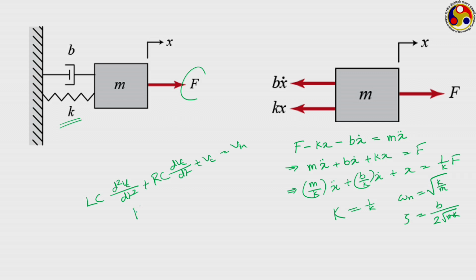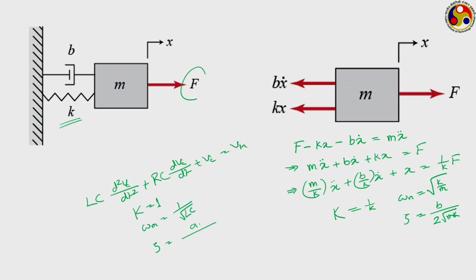Here definitely k equals 1, and the natural frequency omega n will be equal to 1 by root over LC, and what expression for zeta are we going to get from here? Look at the previous expression that we have developed.